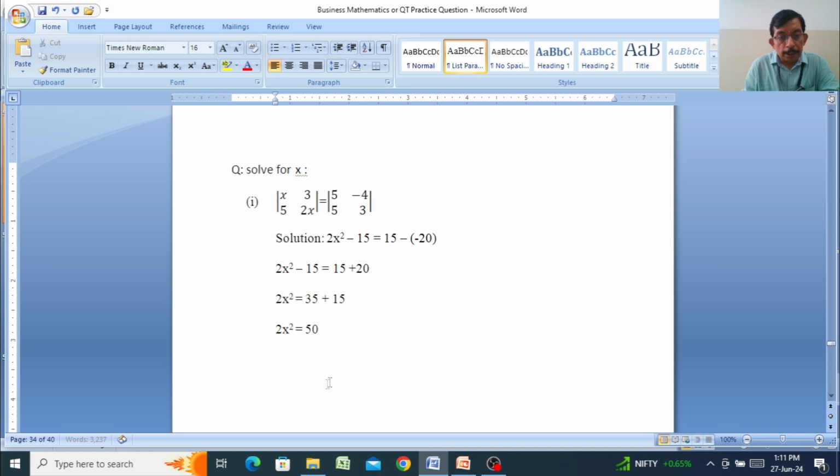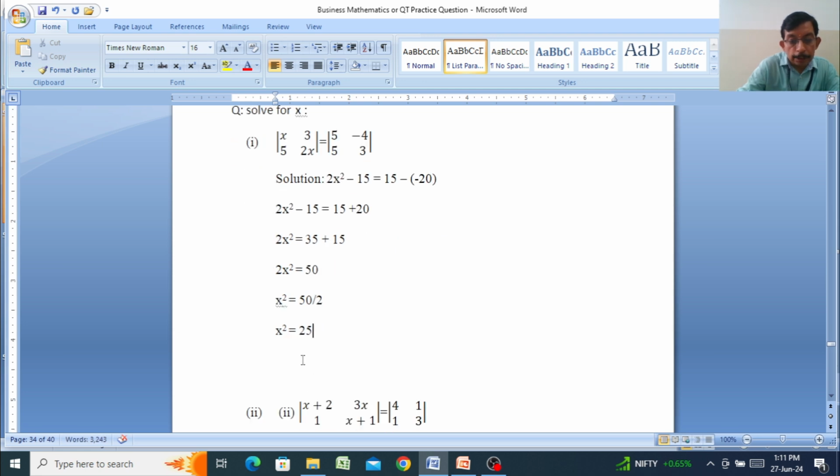Then for the value of x square, 2 goes to the right side and divides 50, then x square is 25.